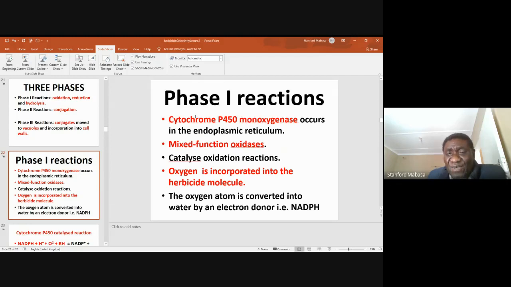The oxygen atom is converted into water by an electron donor, which is NADPH. So in the phase 1 reactions, we need cytochrome P450 monooxygenase, an enzyme which is going to catalyze most of the reactions which take place in phase 1.